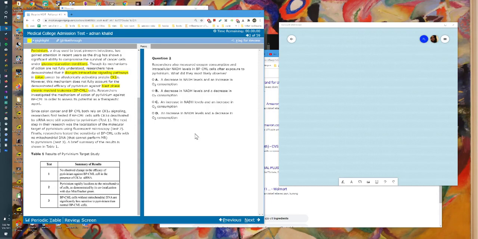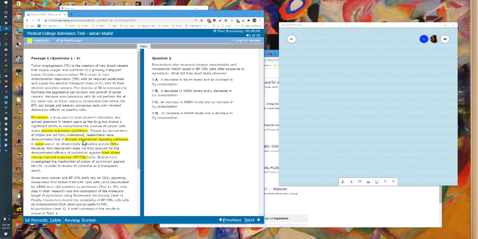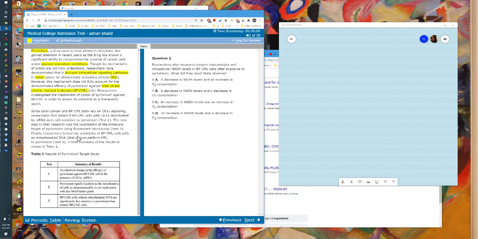As for NADH levels, it doesn't really seem to matter here. Decrease and increase in O2 consumption. These both say the same thing about NADH levels, with different things in O2. So I don't see anything involving NADH here, so I don't think that would matter as much.